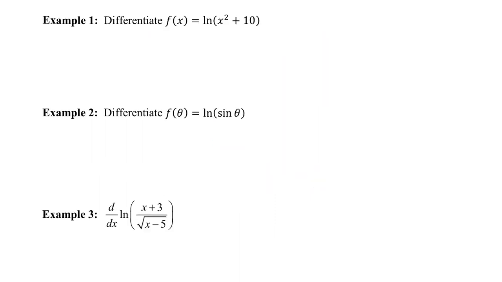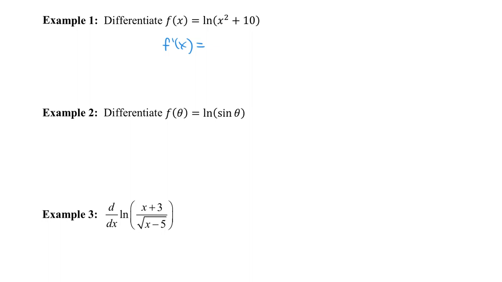Okay, we've got example 1 here. We can try our very first derivative of a logarithmic function. So f of x is natural log of x squared plus 10. So then f prime of x, well, remember when we had the natural log of x, the answer was 1 over x.